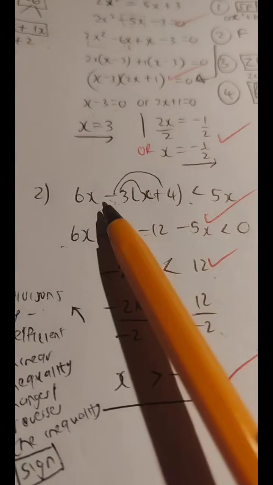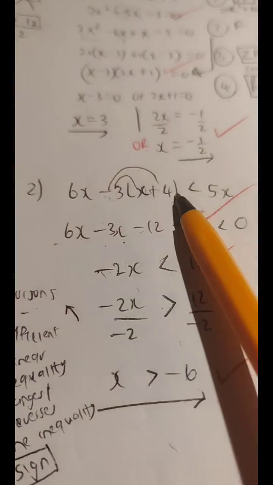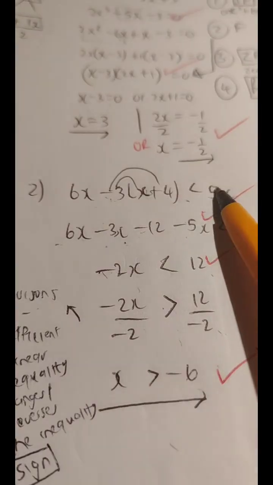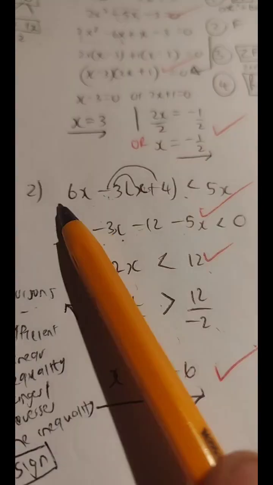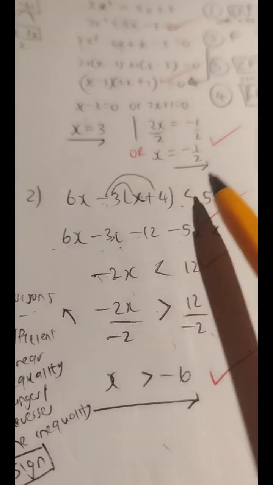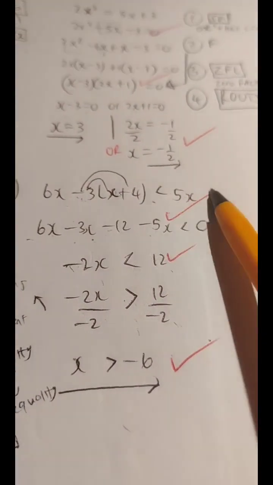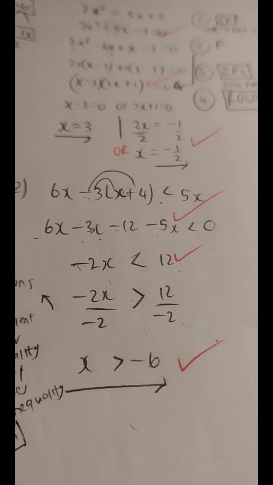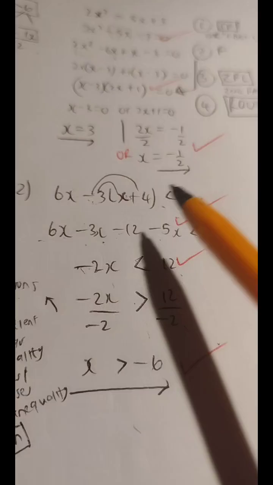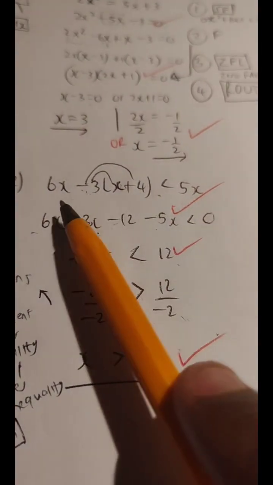Whatever values of x I choose to substitute must make the value on the left always less than, remember, this symbol means less than or smaller than, whatever value I get on the right when substituting the same value of x. So what you do is you simplify the expression on your left.